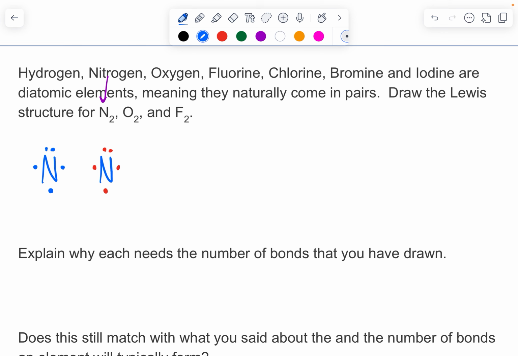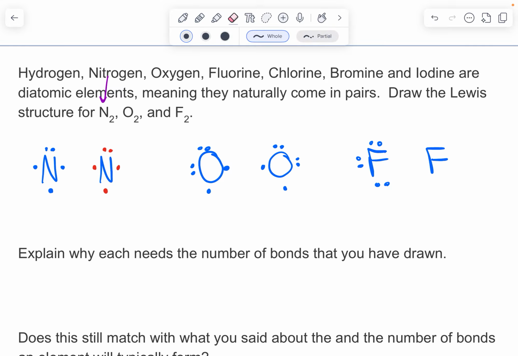We're going to do this for nitrogen, oxygen, and fluorine, and knowing that these elements are diatomic, meaning that they come in these pairs, we'll see how they form bonds. Sorry, I said I was going to do those in red just to differentiate them.